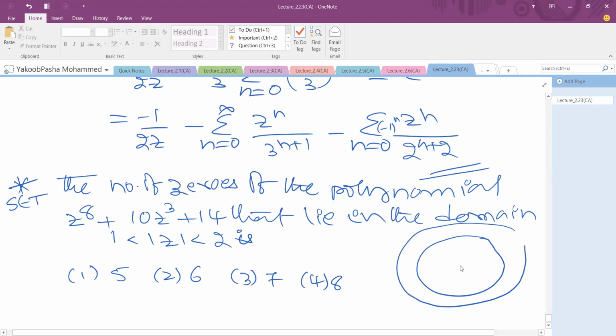This is the origin. First circle radius r1 is equal to 1 and second circle radius r2 is equal to 2. In this region we have to find the zeros. How many zeros do we have?